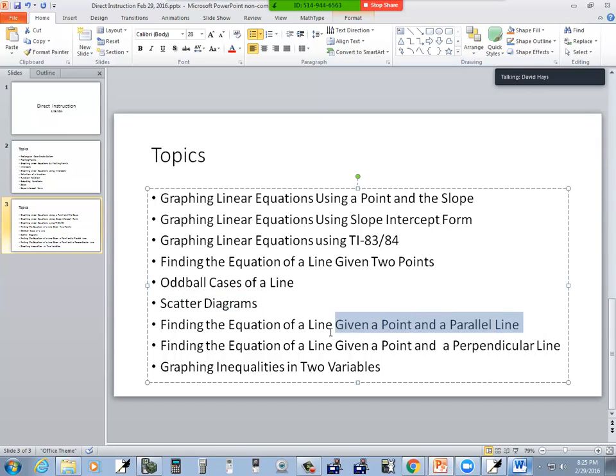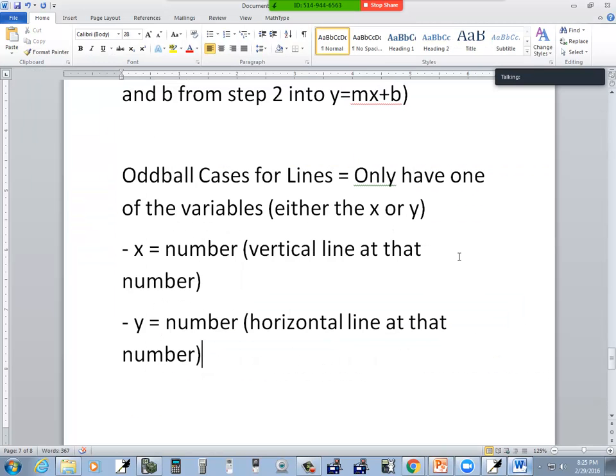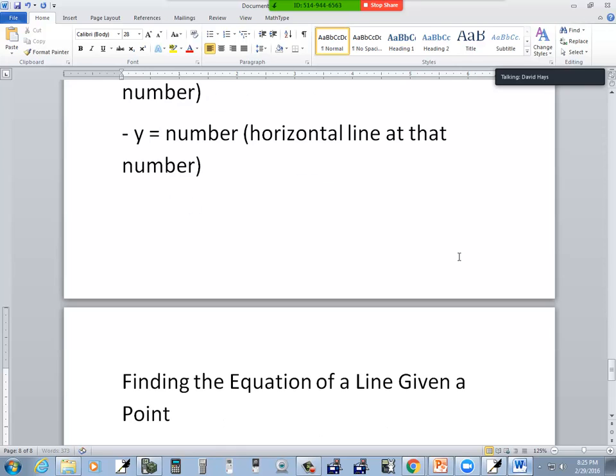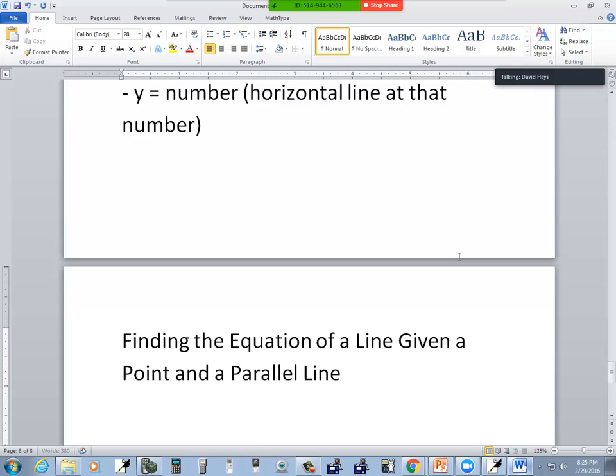Now back to finding the equation of a line. This is finding the equation of a line given a point and a parallel line. Step 1, we want to find m.